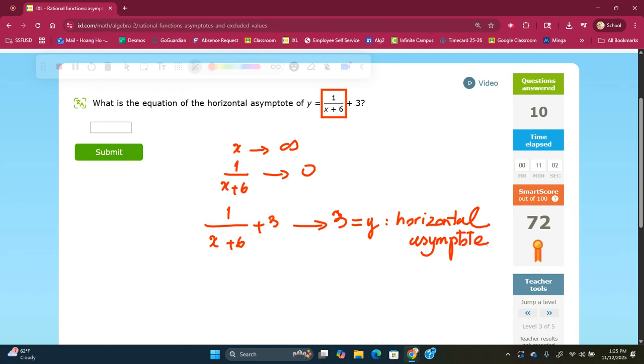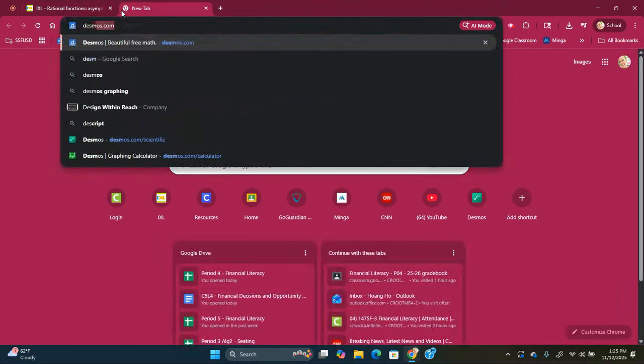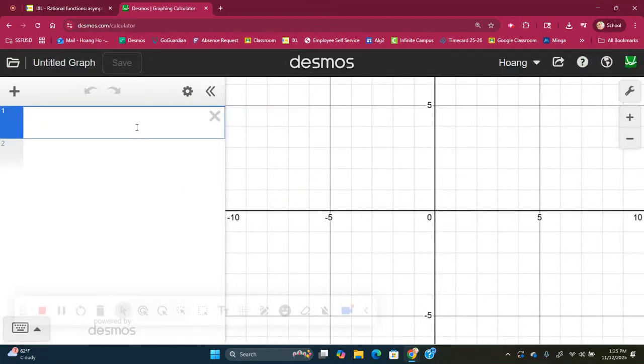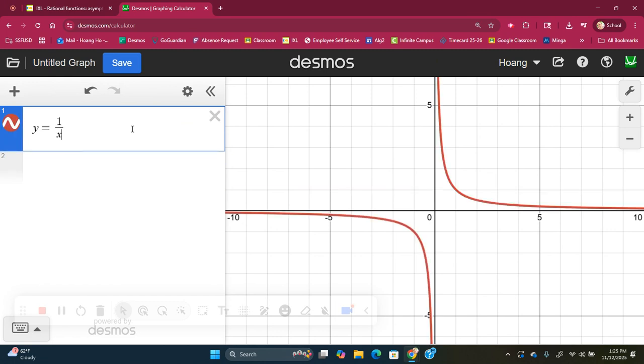So you can find help by graphing this on desmos.com. Let's do this over here. I take desmos.com. Here we go, and I graph y equals 1 over x plus 6 and then plus 3 outside.